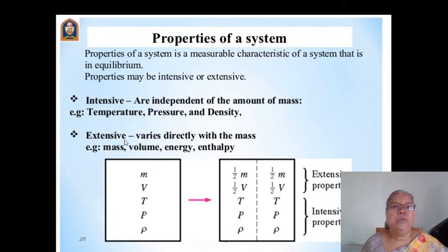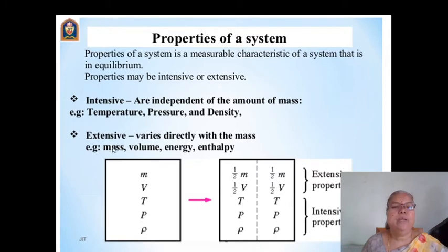Then extensive properties. Here extensive properties vary directly with the mass. That means extensive properties depend on the quantity of matter present in the system.